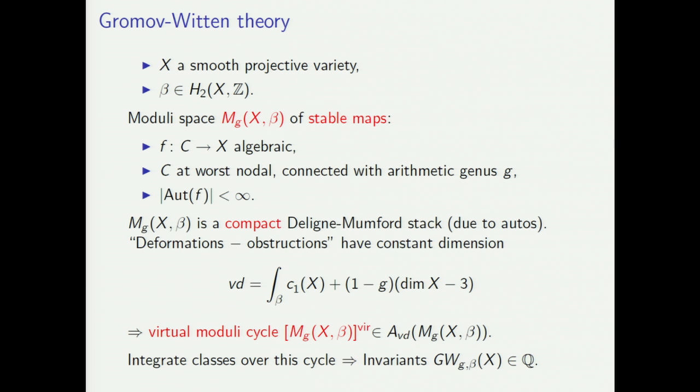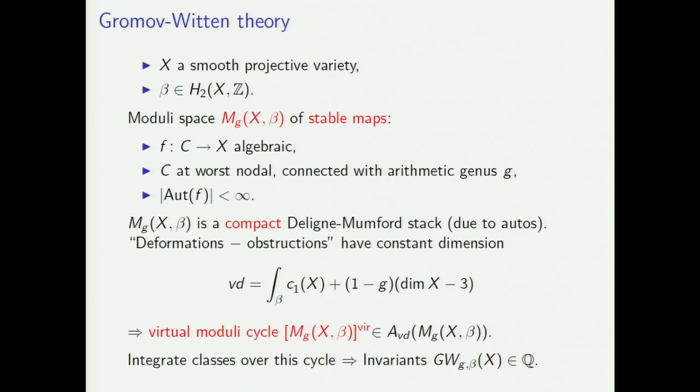There's a cycle there which is good enough, and you integrate cohomology classes over it, which amount to imposing incidence conditions on your curves, insisting they go through points or various cycles and so forth. And that gives you Gromov-Witten invariants. And they're rational numbers because of these automorphisms up here. Okay, so if a curve is a double cover, then it has a Z mod 2 of automorphisms, and it only counts as a half, not as 1.